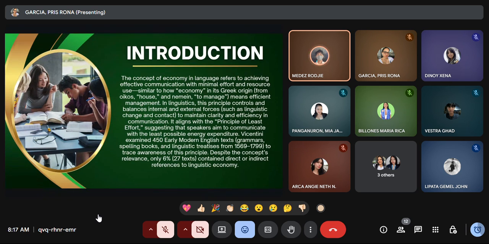The rule of economy in teaching grammar means that teachers should aim to teach grammar in the simplest, clearest, and most efficient way. A scholar named Vicentini studied 450 early modern English texts like grammars and spelling books written between 1569 and 1799 to see how aware people were of this principle.